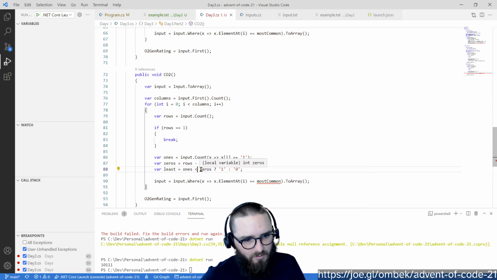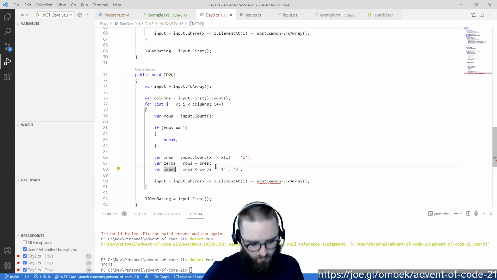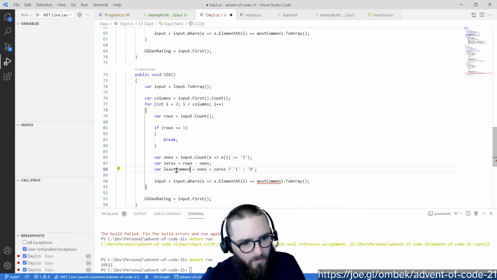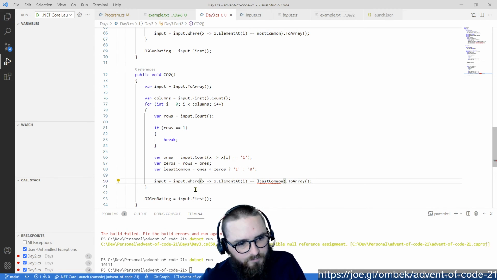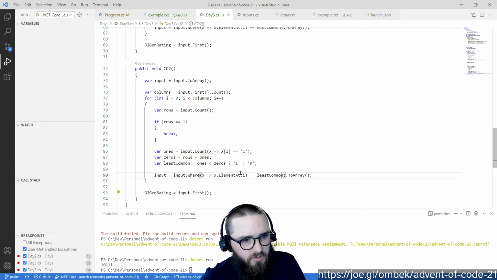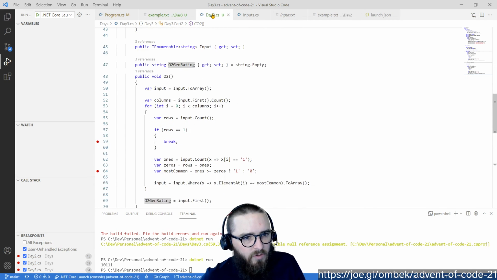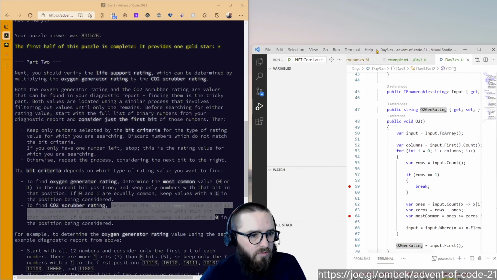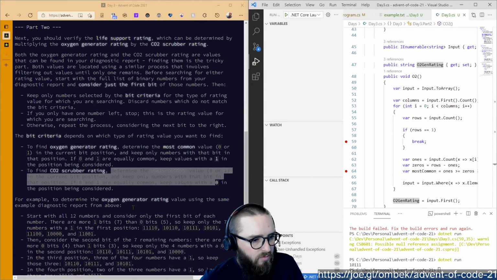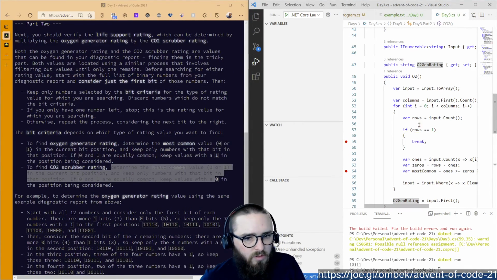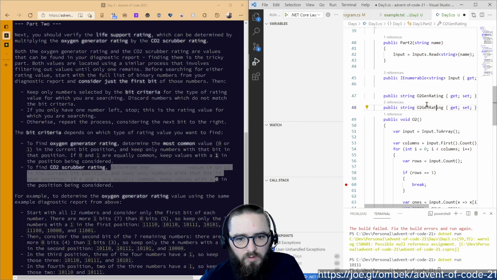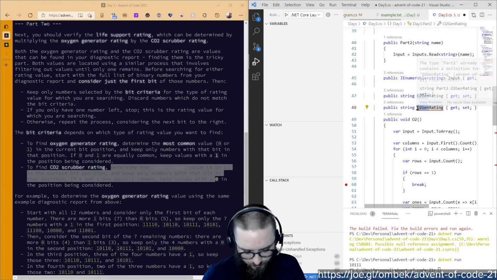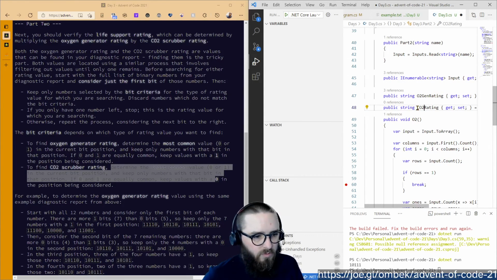So that is less than, not less than or equal to. I want to do that. And then I want to do, instead of O2, CO2 scrub rating.